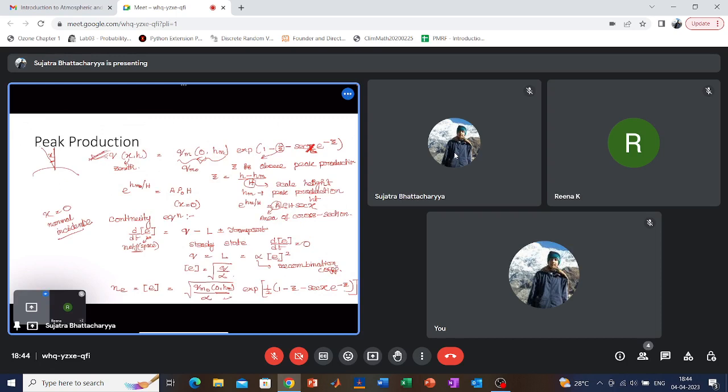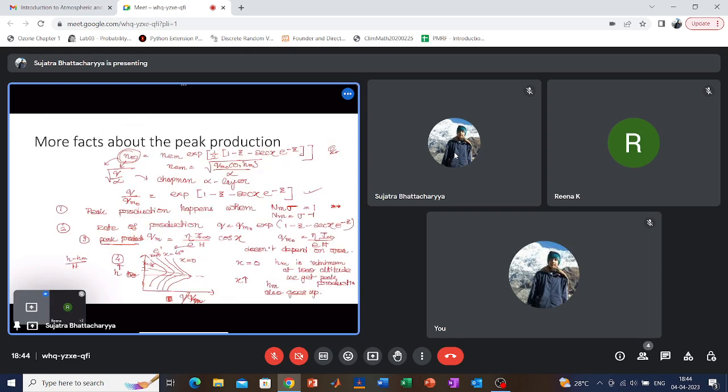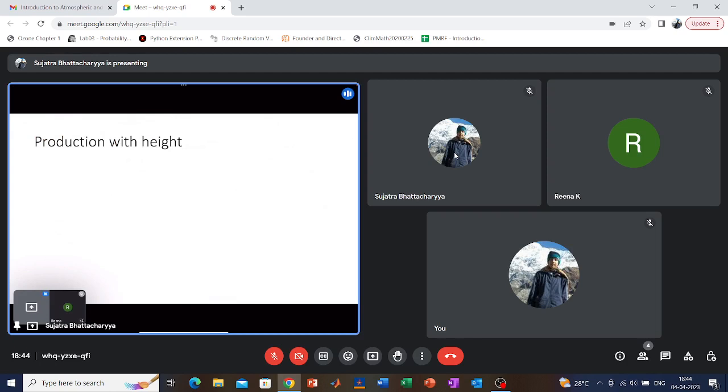Right? So I will now go to the production with height. Yeah, the production with height. See, any gas constituent in the atmosphere, what we know from our earlier knowledge, what we have seen in this particular course, is that you go with pressure, you go with density, you go with the number density of the gases.